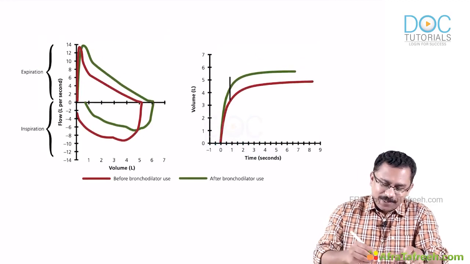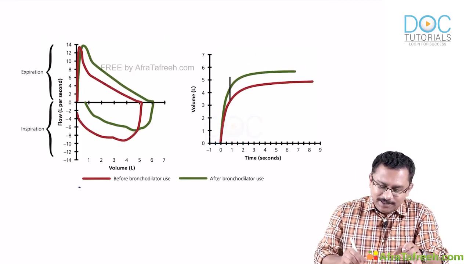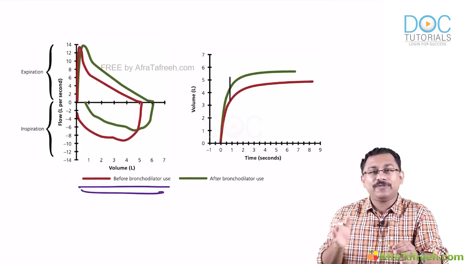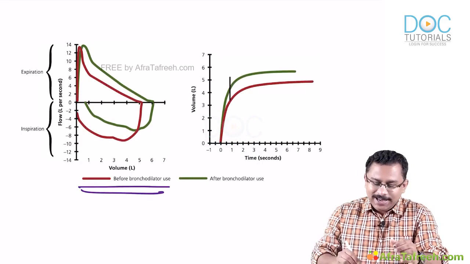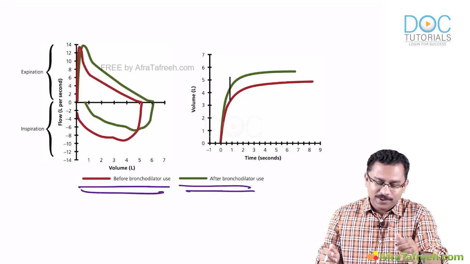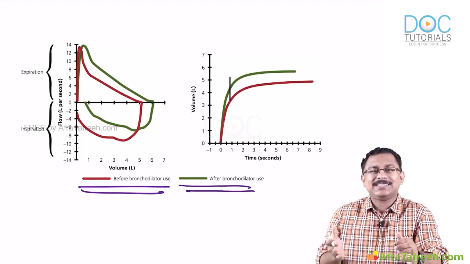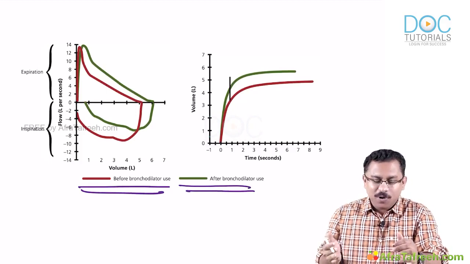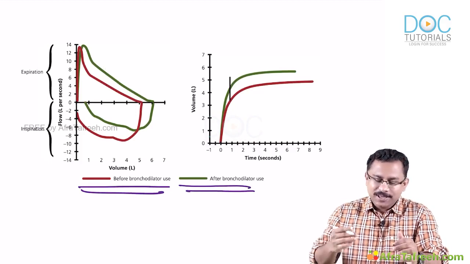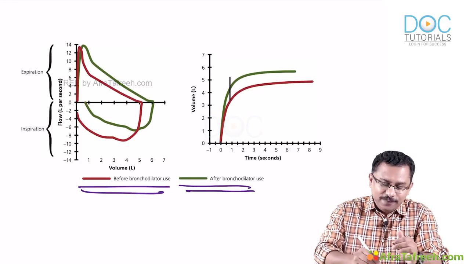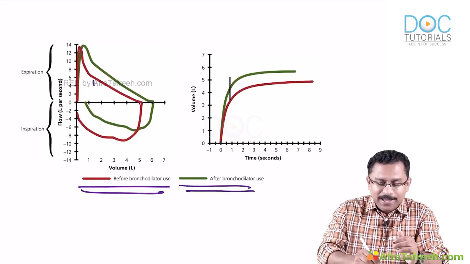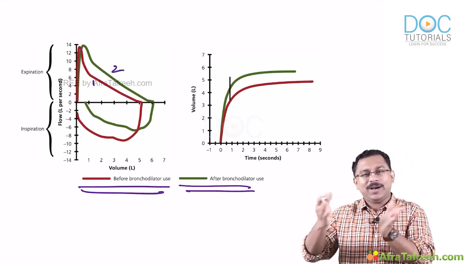You see here, the brown color is for the loop before the bronchodilator use, and green is for after bronchodilator use. You see the change in the shape of the curve after bronchodilator use. You see that there is a significant improvement here. This brown was the initial one, number 1, and you see that it has gone to number 2.